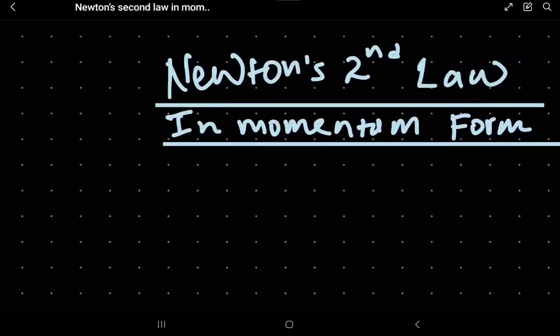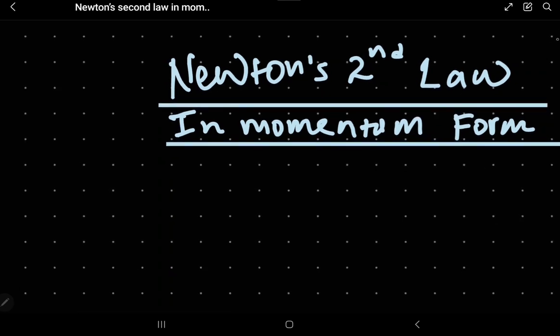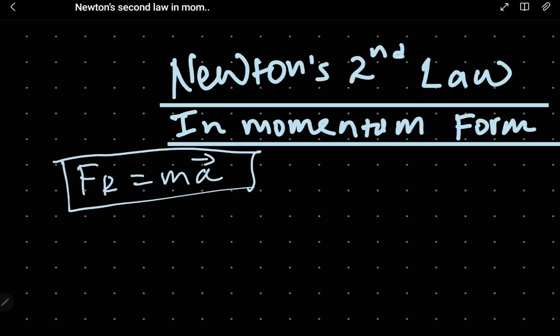In this video, we are going to talk about Newton's second law in terms of linear momentum. At the beginning of the formulation, Newton wrote his second law in terms of linear momentum, but we simplified it as the force resultant is equal to mass times acceleration.